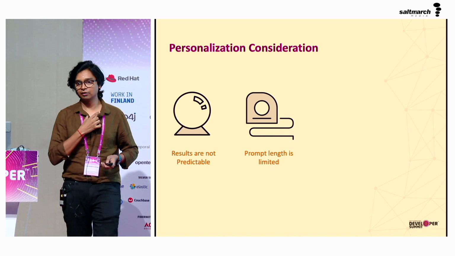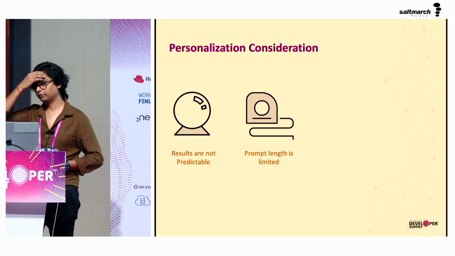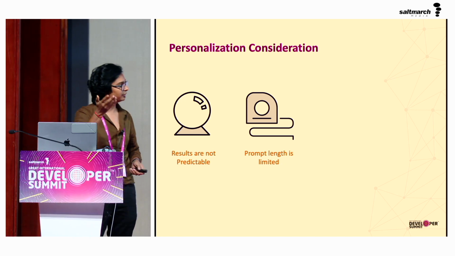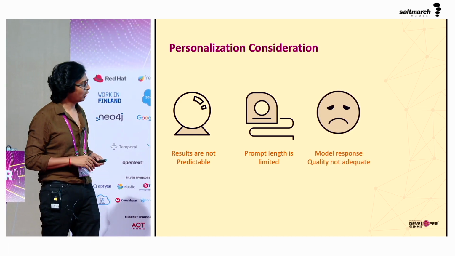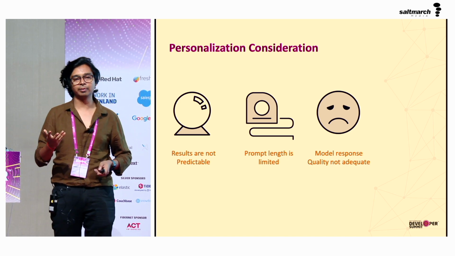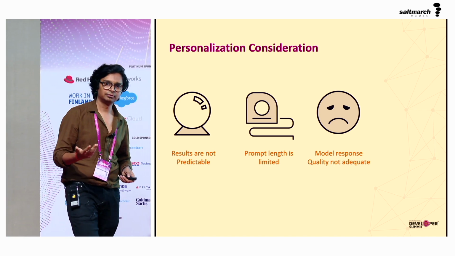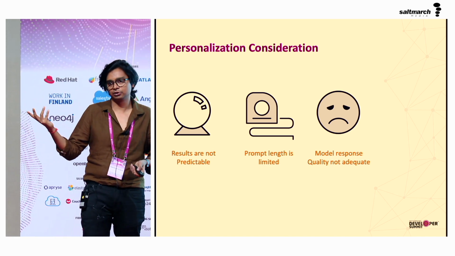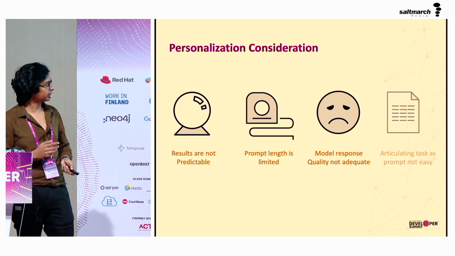All of these models have a limitation around 4,000, 10,000, you have a 16K model, now you're coming with a 128K model, but still there are limitations. Or the model response quality is not adequate. For example, you're writing code, but my team follows a very specific convention, and I am getting some generic output. Maybe it's not a good use for me. So how do I sort that out?